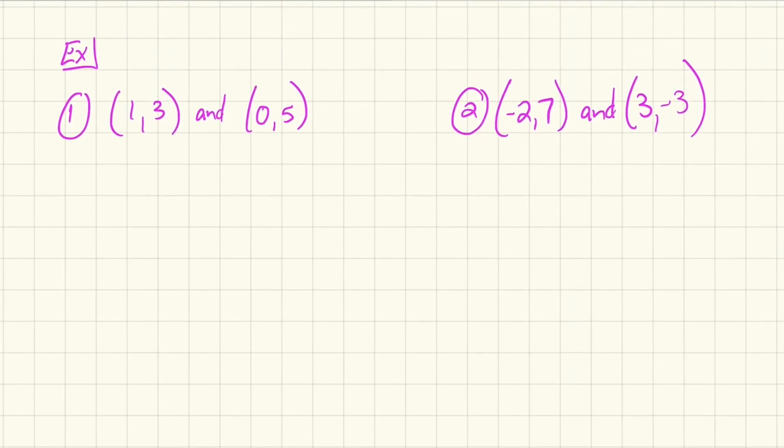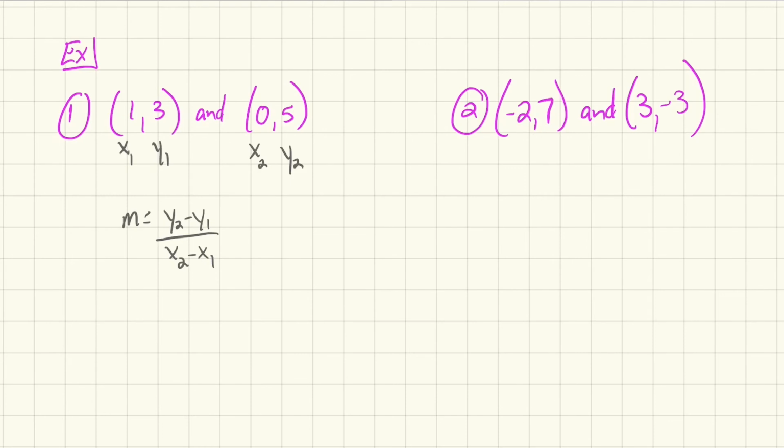Our first example that we have is 1, 3, and 0, 5. So we're expected to calculate the slope of this. Our first step is just going to be to label our points. So we have x1, y1, we have x2 and y2. We can go ahead and write out our formula. M equals y sub 2 minus y sub 1 over x sub 2 minus x sub 1. And then all we have to do is plug in our numbers.